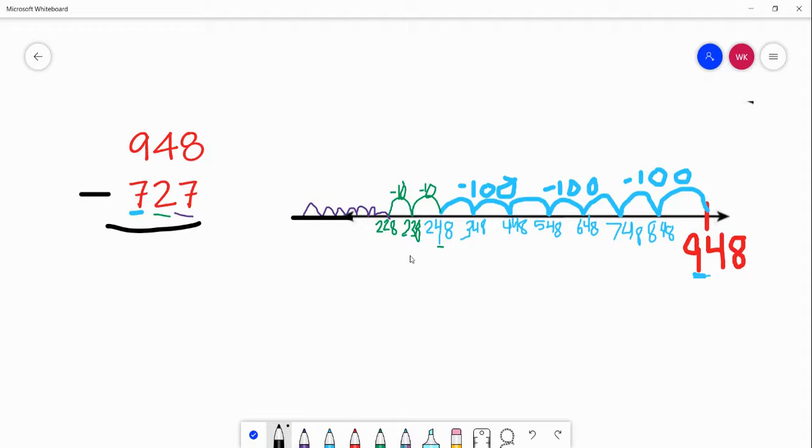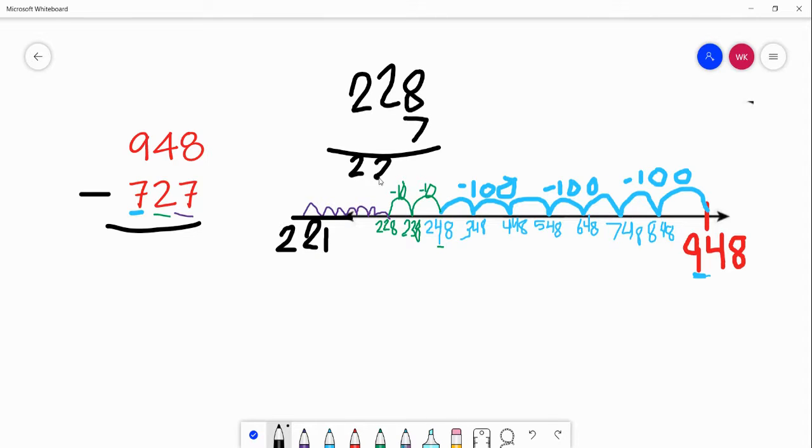So 228 minus 7, which would be 227, 226, 225, 224, 223, 222, 221. If you subtracted 228 minus 7, it would give you 221.